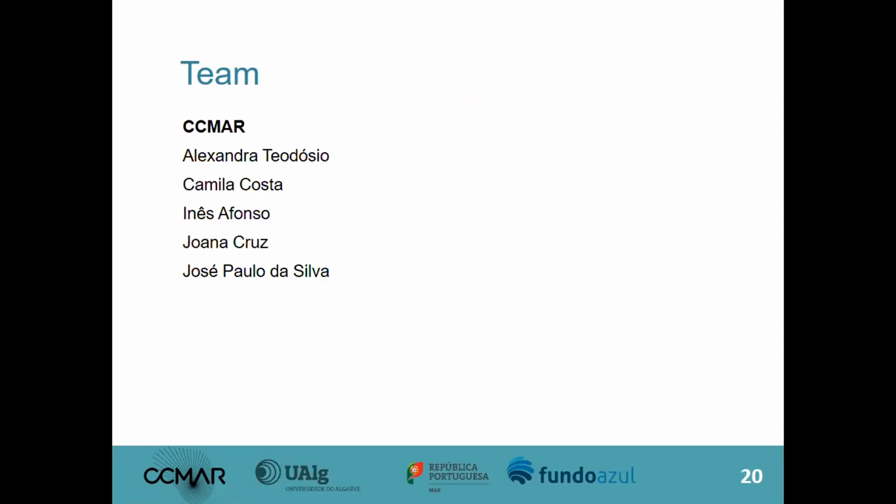Okay, the team involved in this work at CCMAR includes Alexandra, Camila, Inês, Joana, and José Paulo, and also the team from Necton, because we have been analyzing several samples of salt coming from Necton, SA.